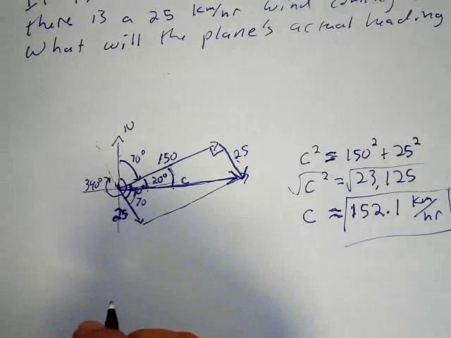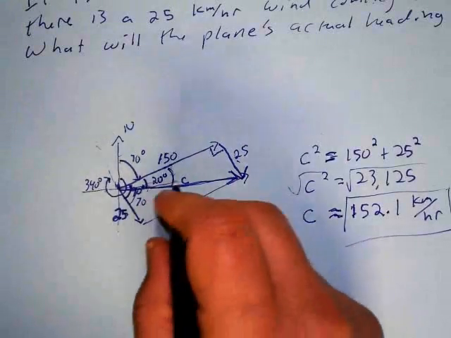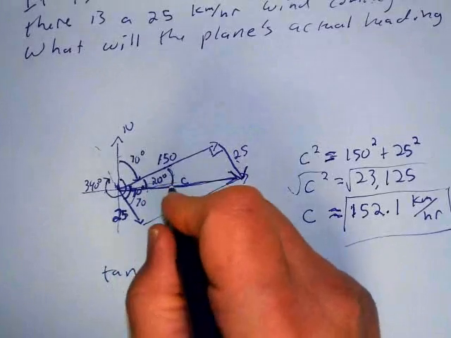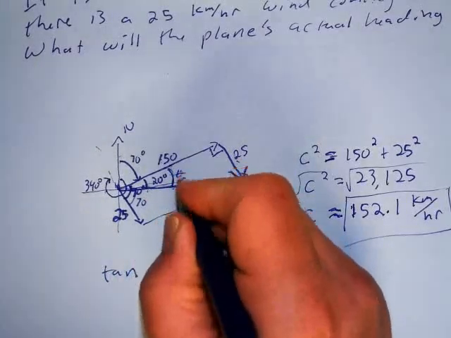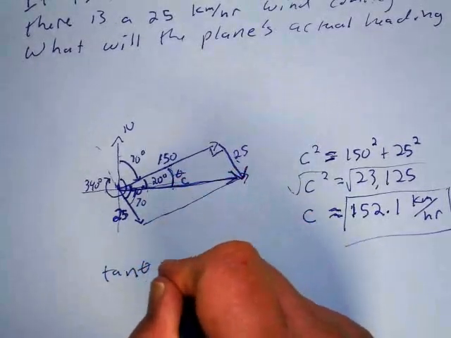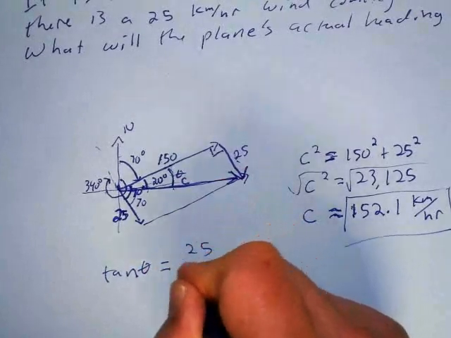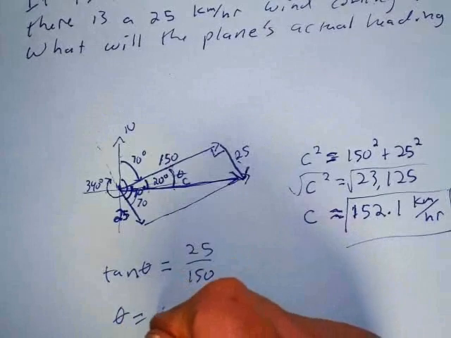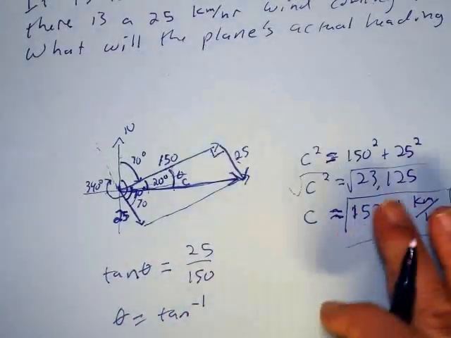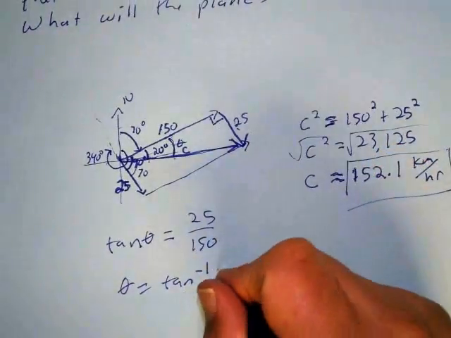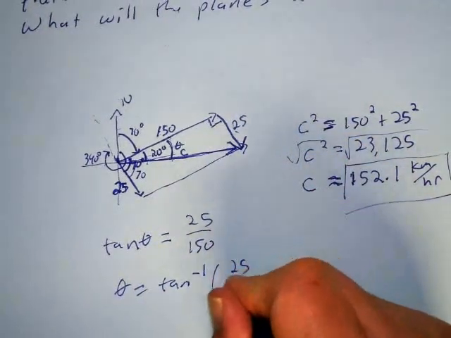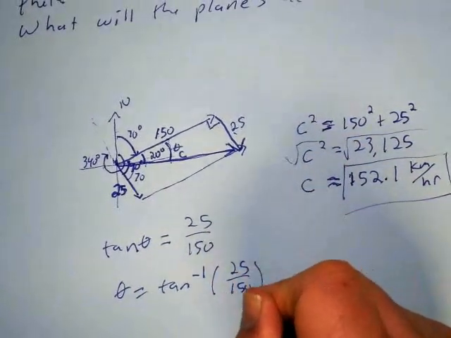Okay, so I can use the tangent. Tangent of theta is equal to 25 over 150. So my theta is equal to tangent inverse of 25 over 150.